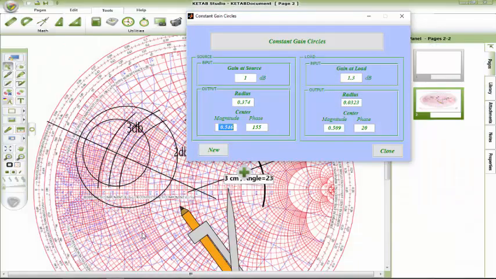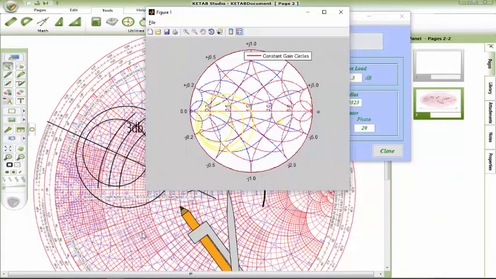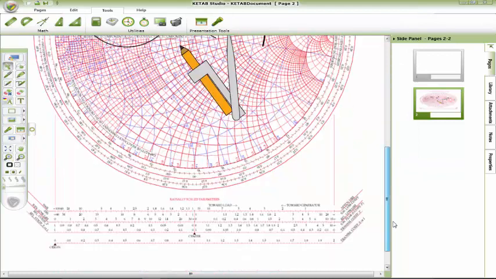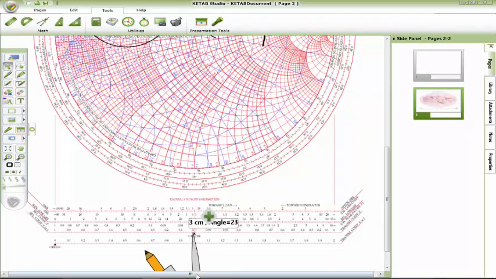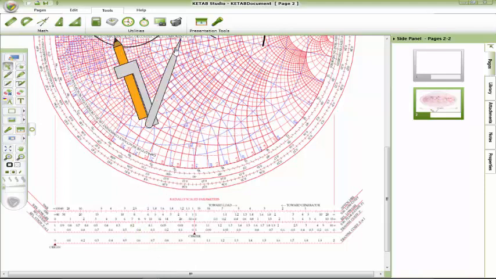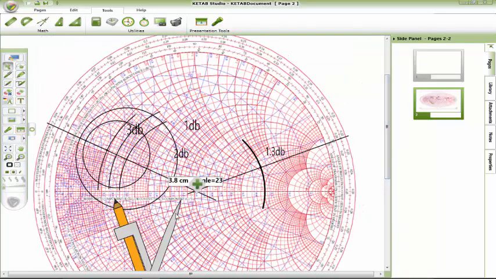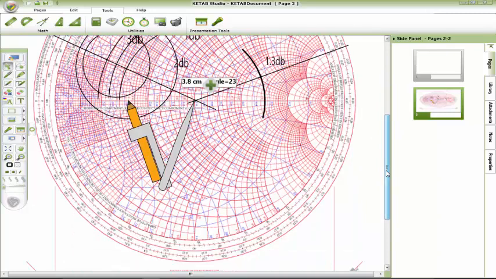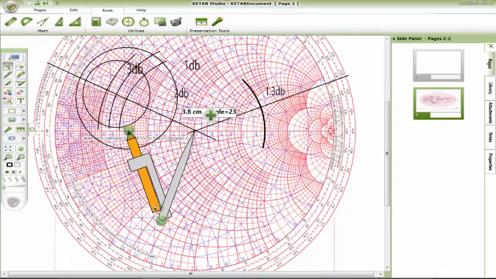After that we want to create the 0 dB constant gain circle with radius 0.47 at the center 0.47. We take the compass, put it here and open it to 0.47. Put it at the origin. Then we make a bow.